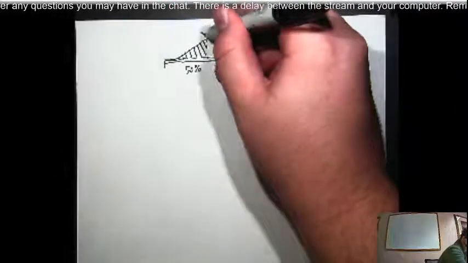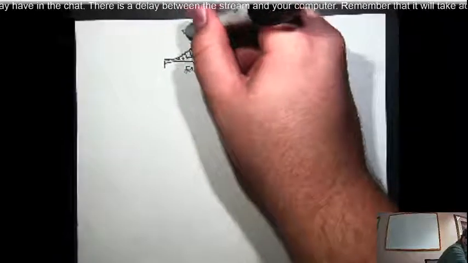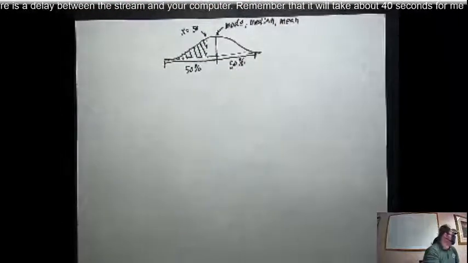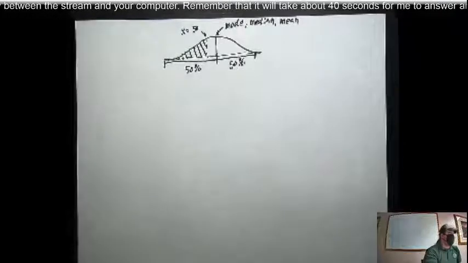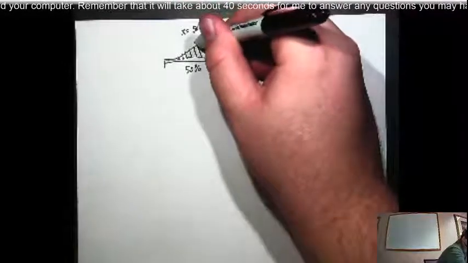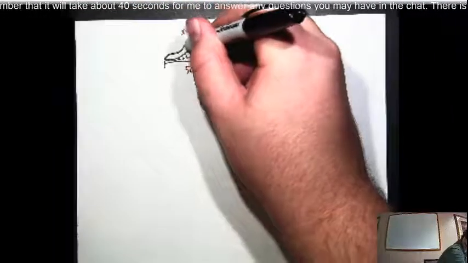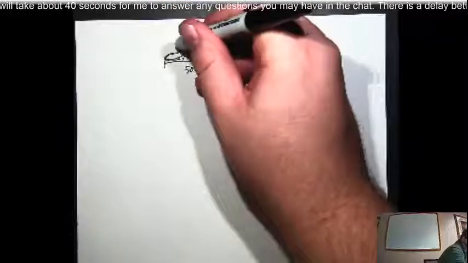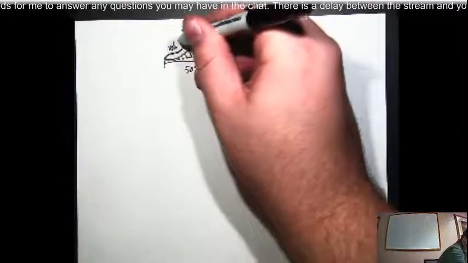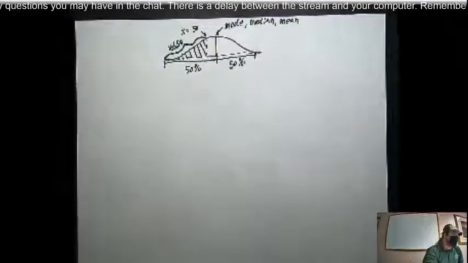Maybe it's 50. So that means our x is exactly 50, or our data point is exactly 50 in that spot. Well, this means that everything behind it is x is less than or equal to 50. Okay?